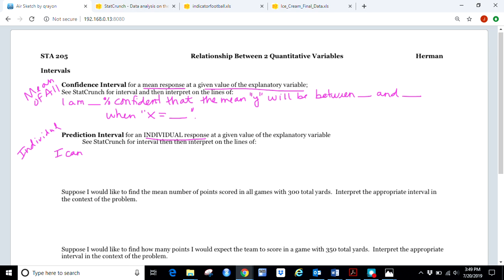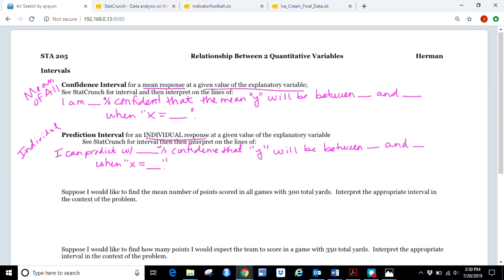So I'm going to say that I can predict with whatever % confidence that y, notice I'm not putting the word mean there, will be between my two values, and again when x equals whatever value we're talking about.